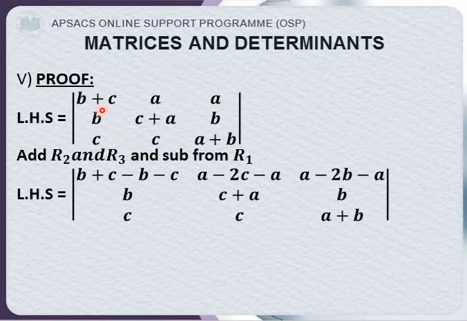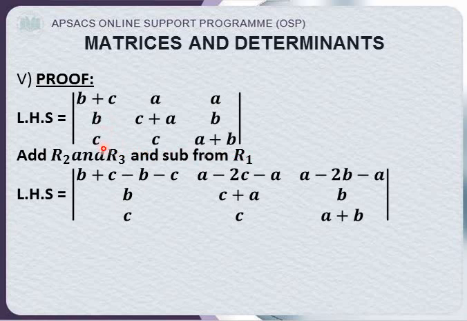Now part 5, again I just picked the left hand side. You can see that we add row 2 and row 3, so b plus c. Then we subtract from row 1.